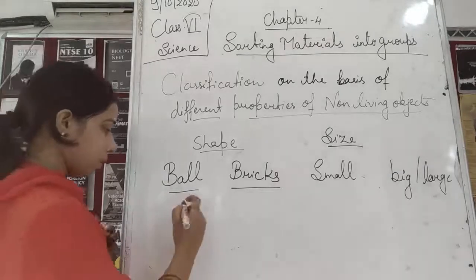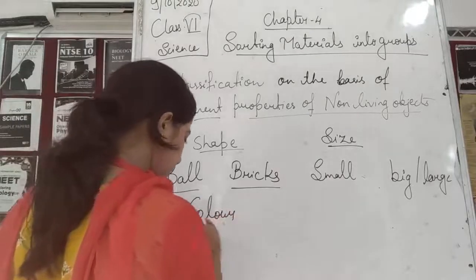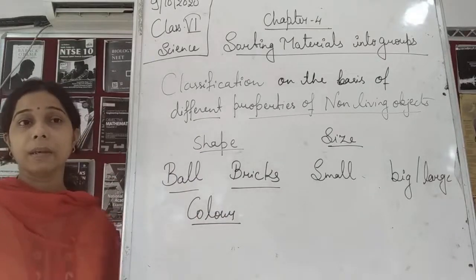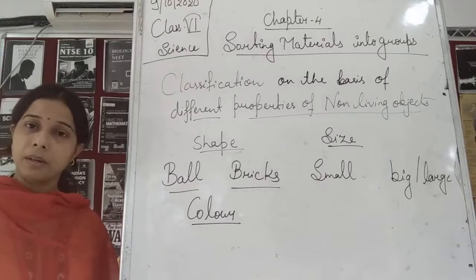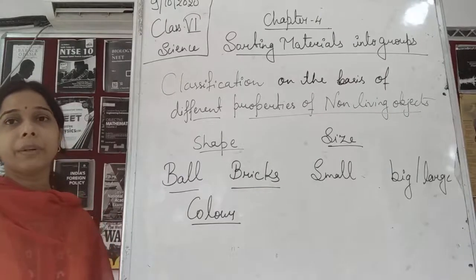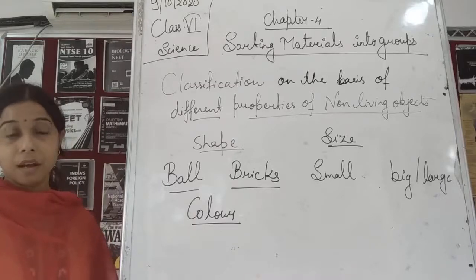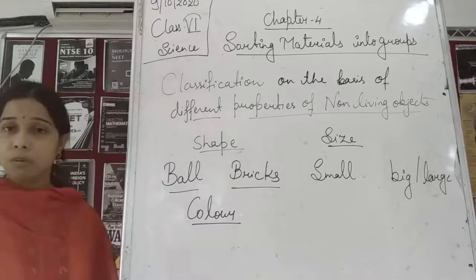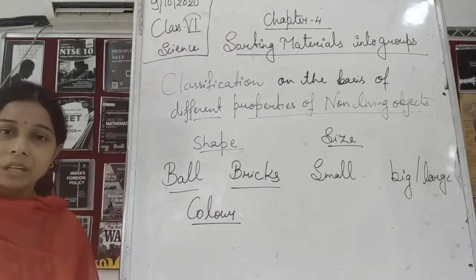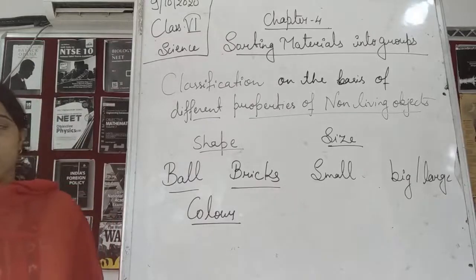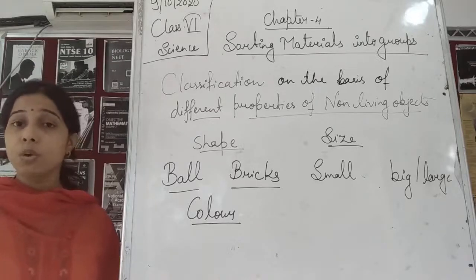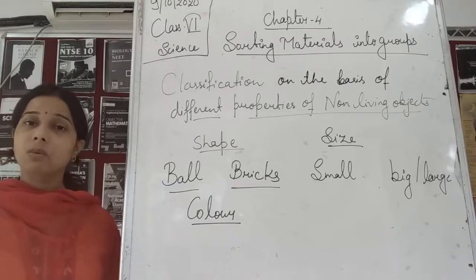Then color. Color is the first thing by which we can recognize an object. You have been given different balls, students, and these are all of different colors. Or you have been given different flowers also, although a flower will come under living objects. So if different pens are given and these are all of different colors, you will separate them on the basis of their color.